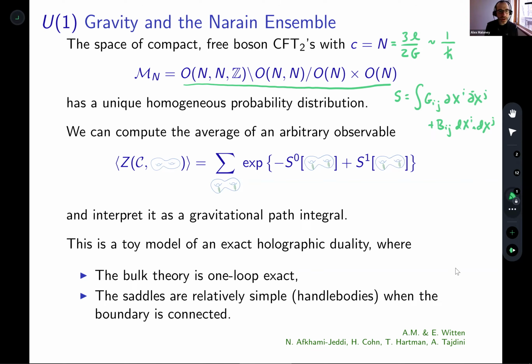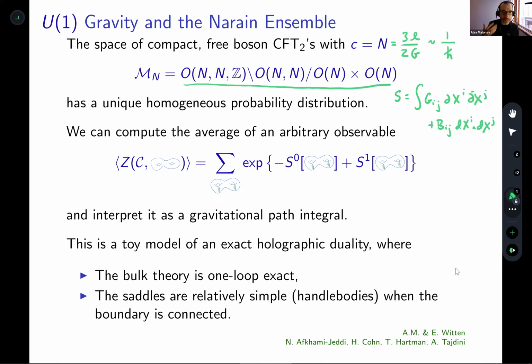Just as a quick check, you can do some counting and check that the dimension of this moduli space is n squared, as it should be if Gij is a symmetric n by n matrix and Bij is an anti-symmetric n by n matrix. So this is Narain's moduli space of free boson conformal field theories.